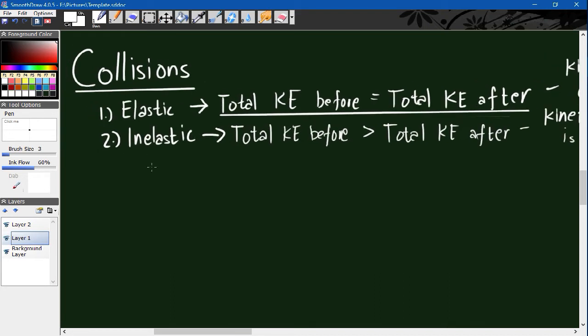And there are actually two kinds of inelastic collisions. We have the perfectly inelastic collisions, and there are also partially inelastic collisions.